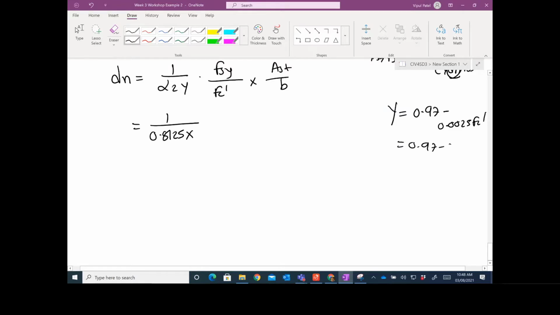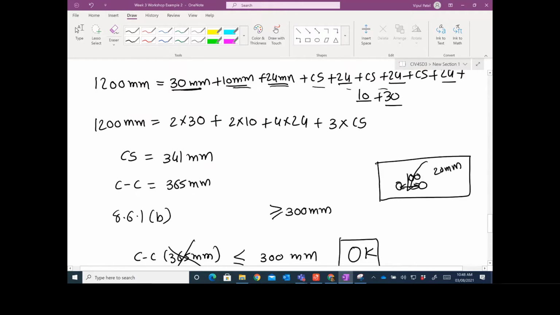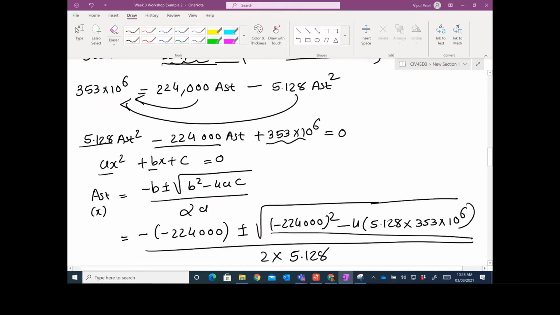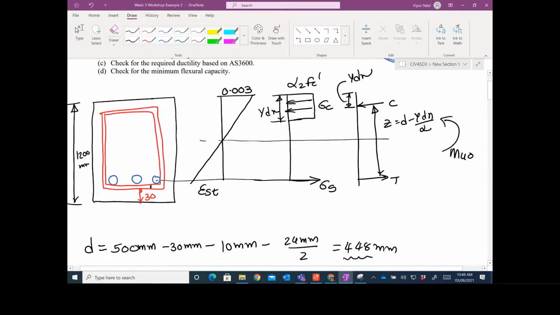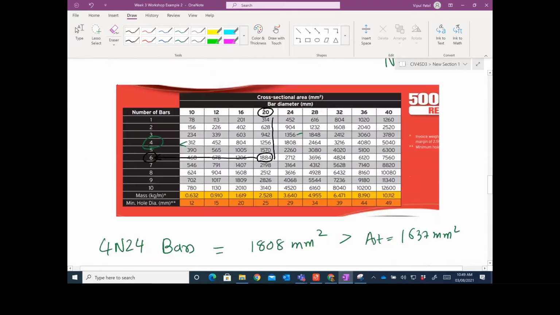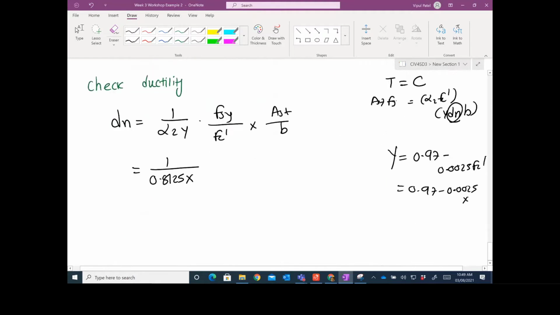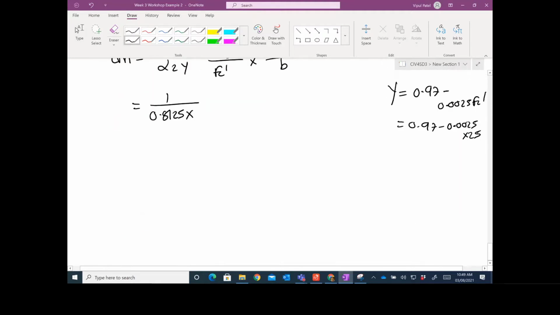So you have 0.97 take away 0.0025 times 25. So you will get this value as 0.9075.